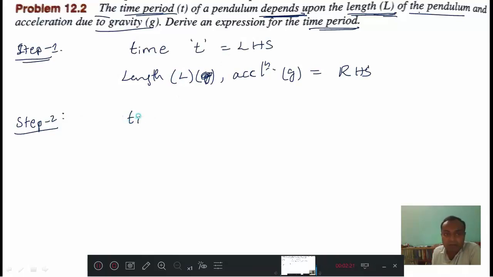Now time is represented as t and the dimension is capital T. This is the dimension of time. The second parameter given is length.